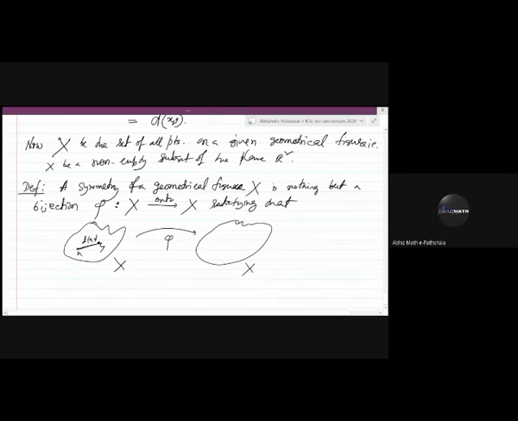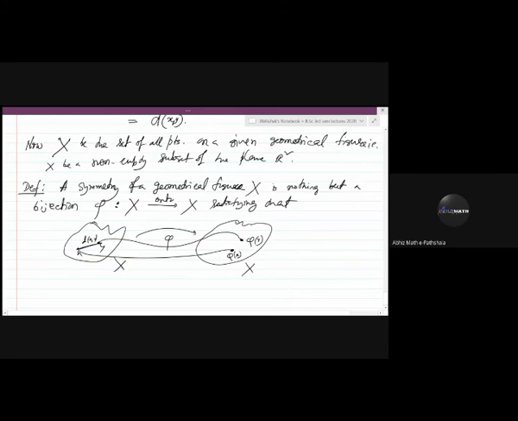Now since this phi maps X onto X, and phi is 1-1, x will go to some phi x and y to phi y.